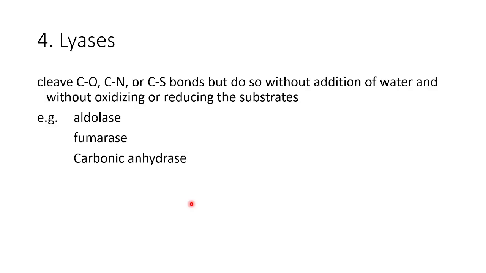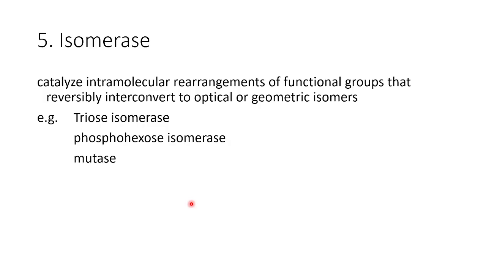What do lyases do? Lyases catalyze the cleavage of various bonds by means other than hydrolysis or oxidation, often forming a new double bond or a new ring-like structure. Isomerases, you know that it's responsible for catalyzing the rearrangement of atoms within a molecule to form an isomer.